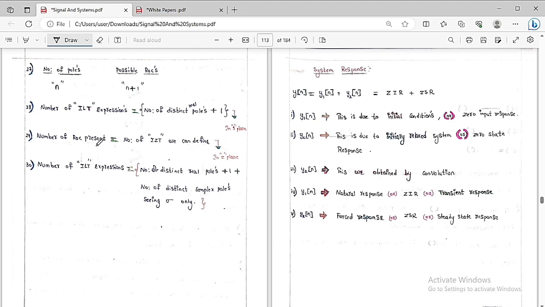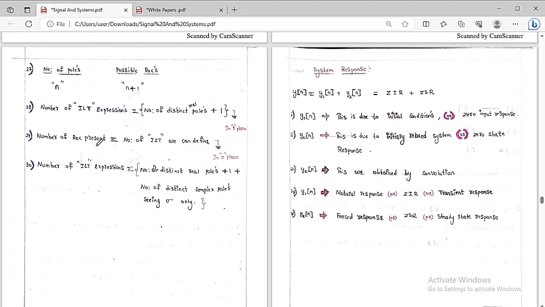The next thing is the number of ILT expressions. The number of ILT, inverse Laplace transform, expressions is the number of distinct real poles plus 1 in the S plane.